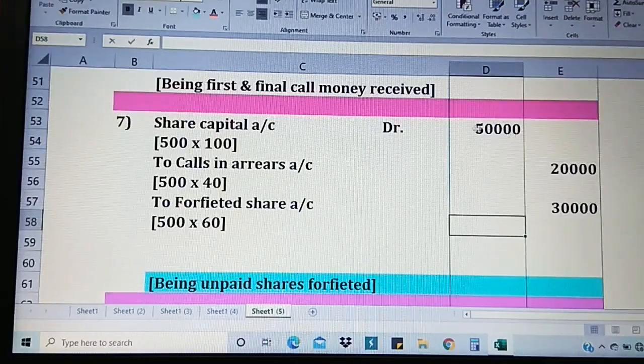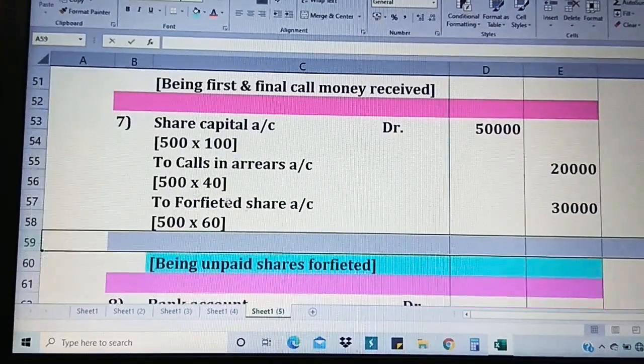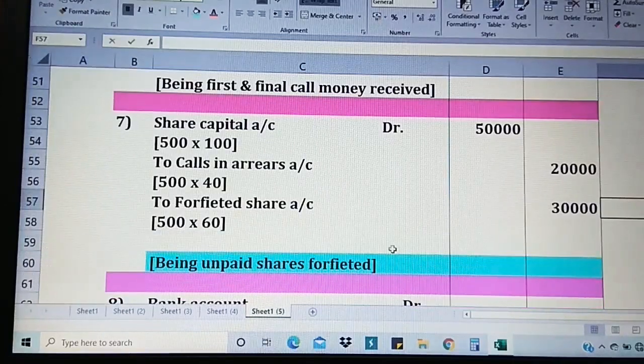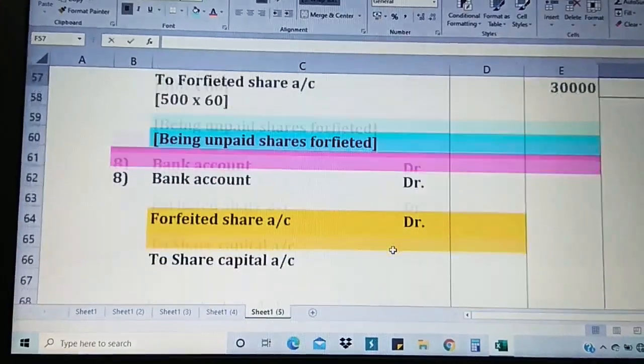The value of 50,000 is completely cancelled just because of the unpaid 20,000. Now just observe the narration here. Being unpaid shares forfeited.